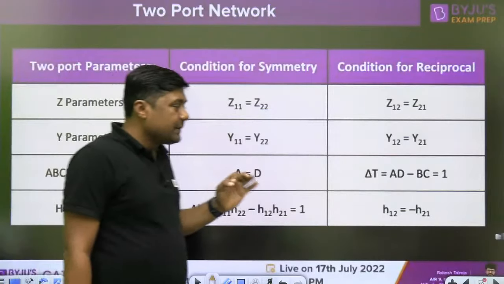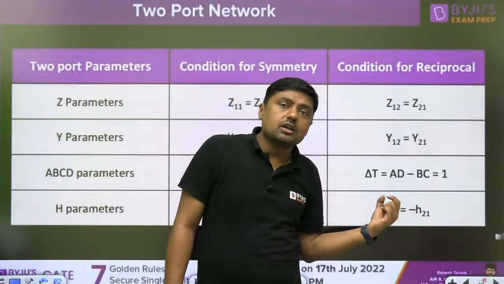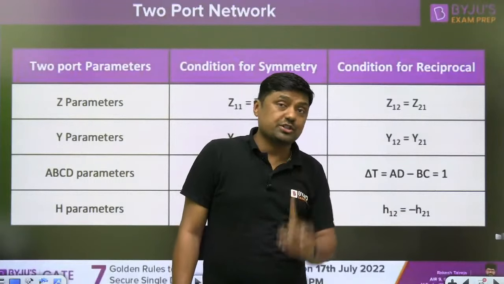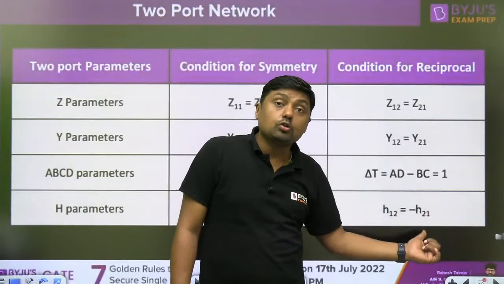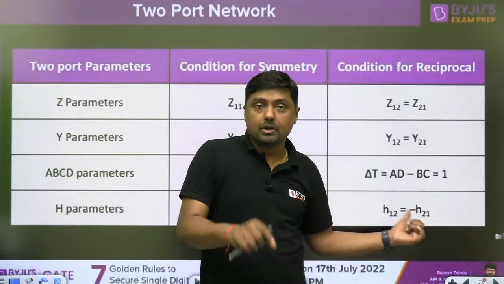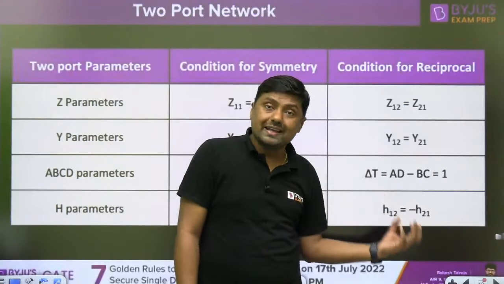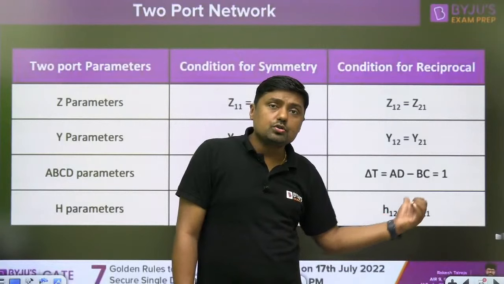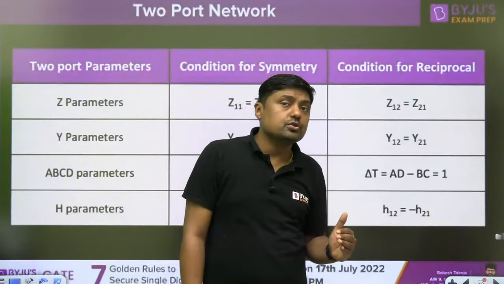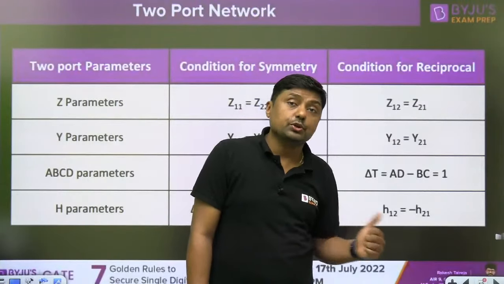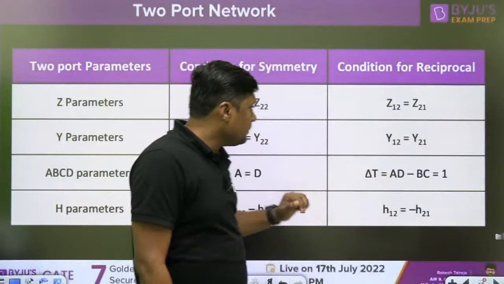And my dear friend, when we are talking about the H parameter or G parameter, always remember H12 is equal to minus H21. Remember, this is the condition for reciprocity. H12 is equal to minus H21. And for G parameter, G12 is equal to minus G21. So these are the conditions.